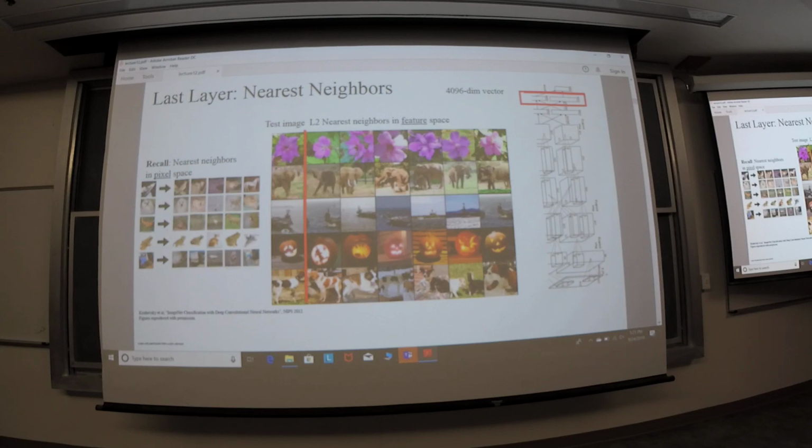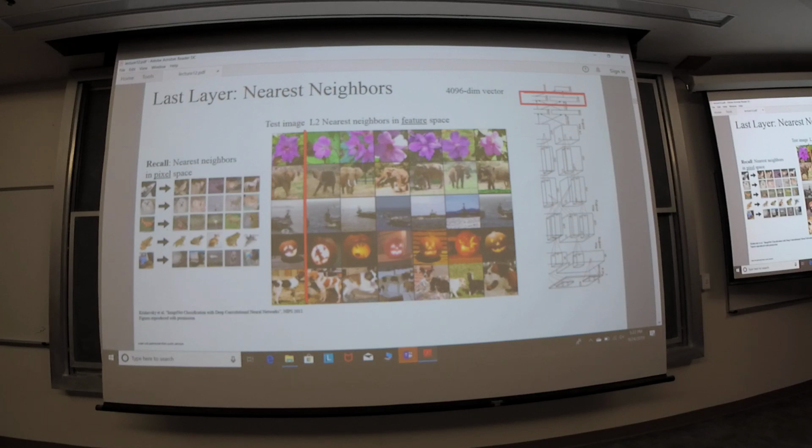And if you consider minute details, such as the orientation of the elephant in the test image being different from a few other images that it found close in the feature space, it's completely different. So for these two cases, you see it's completely different in comparison to the orientation of the elephant in the test image.